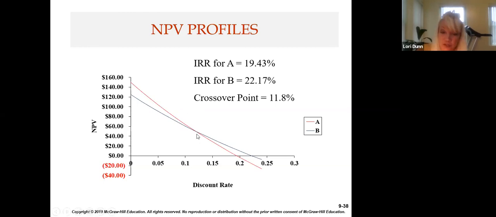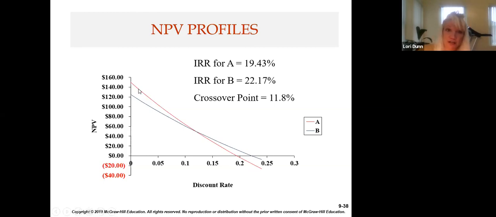If your required rate of return is more than 11.8, you will select project B because its net present value is greater than project A's after the crossover point. So that's how you read this.